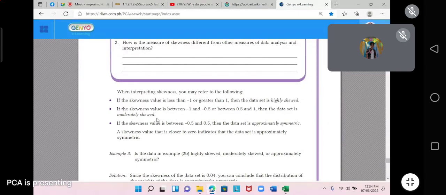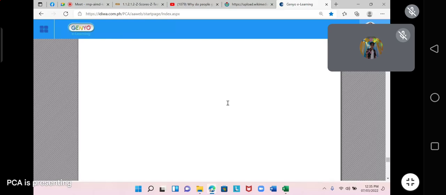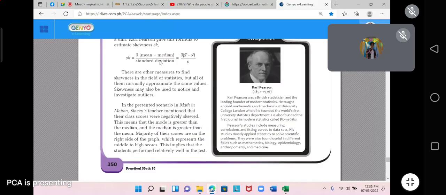And then moderately skewed, and approximately symmetric. When we say approximately symmetric, it will be almost equal to a normal curve, if you have this value. What values are we talking about? We're talking about the values of that formula. So study this in advance: standard deviation, skew.